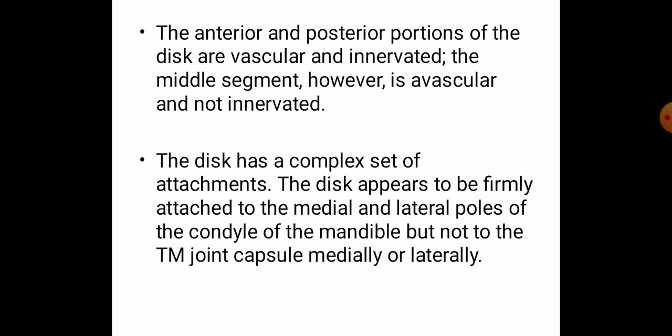So when we look into the articular disc attachments, the disc is firmly attached to the medial and lateral poles of the condyle of the mandible, and it is not attached to the joint capsule.